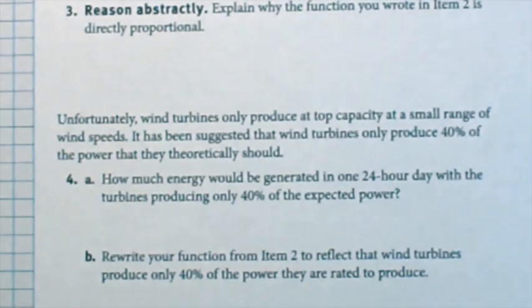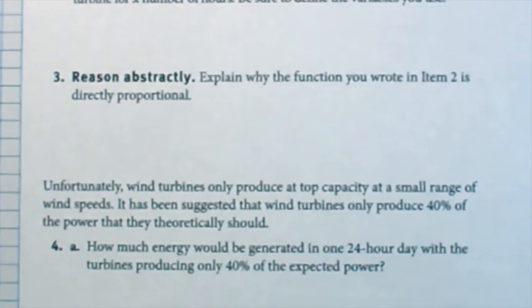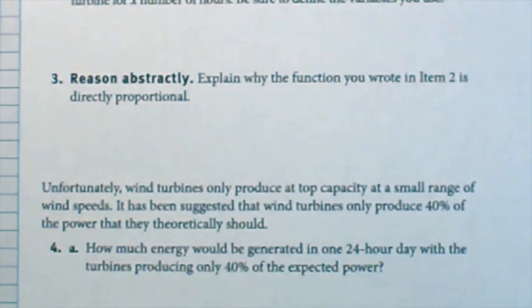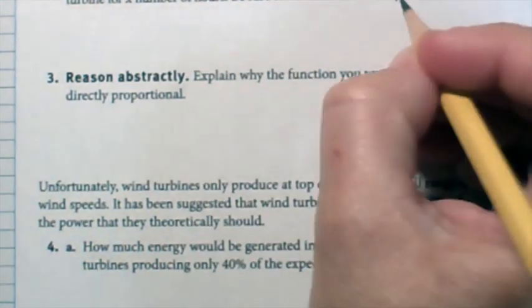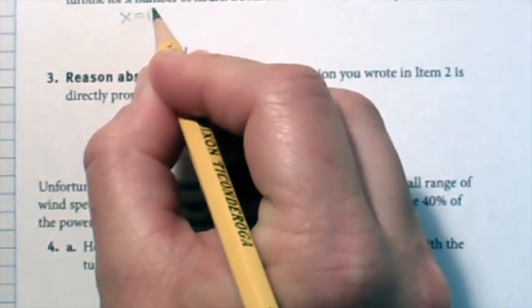Page 396 says, write a function to represent the amount of energy generated by a newer turbine for X number of hours. Be sure to define the variables you use. Well, they already told us that X equals the number of hours.